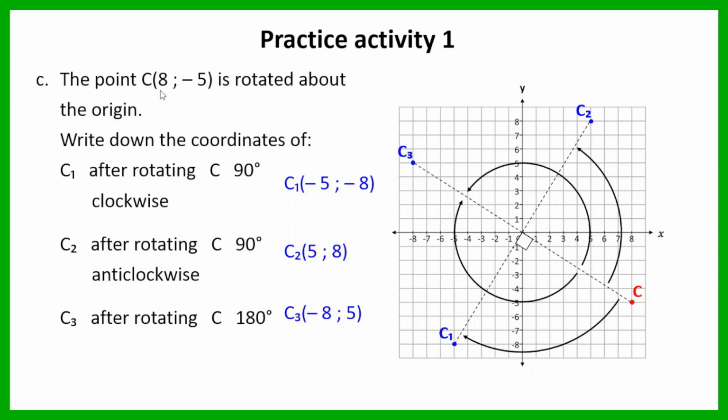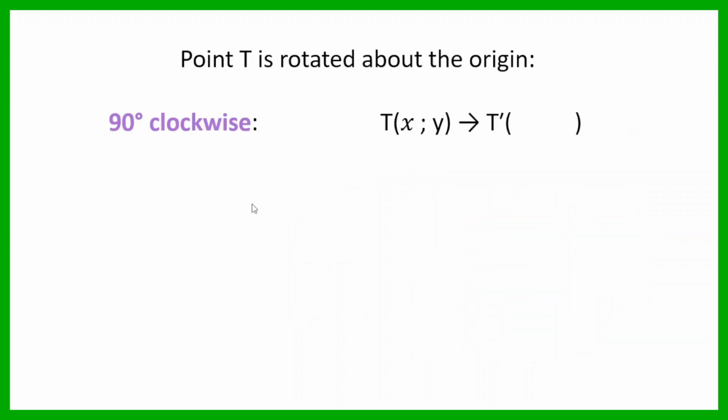The 8 changed sign, it became negative, and they switched places when I rotated it 90 degrees in a clockwise direction. So a rule that we can have when we are rotating a point 90 degrees clockwise is that the x value is going to change sign, and they will switch places. To change the x value sign, I multiply it by negative 1. So it's going to be negative x, and they switch places.